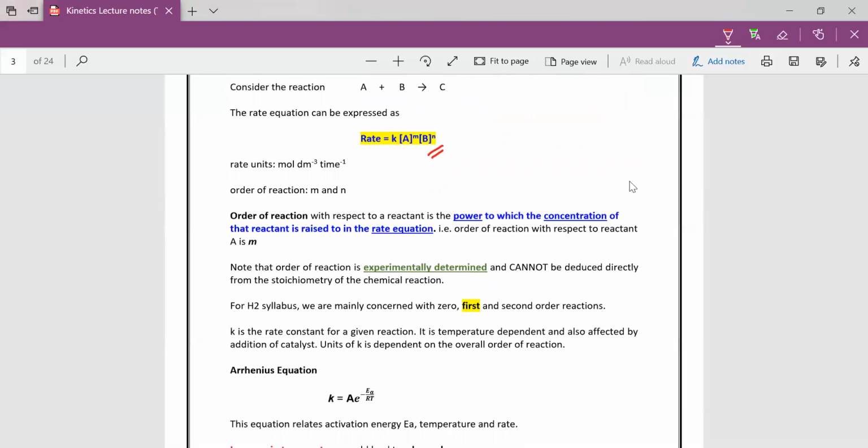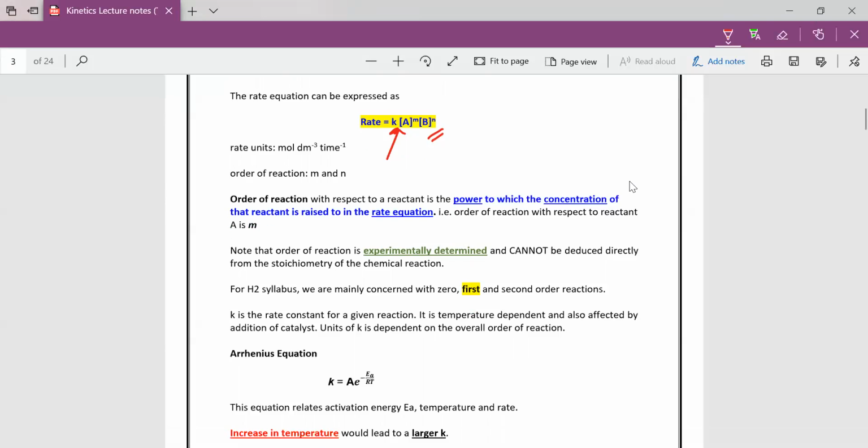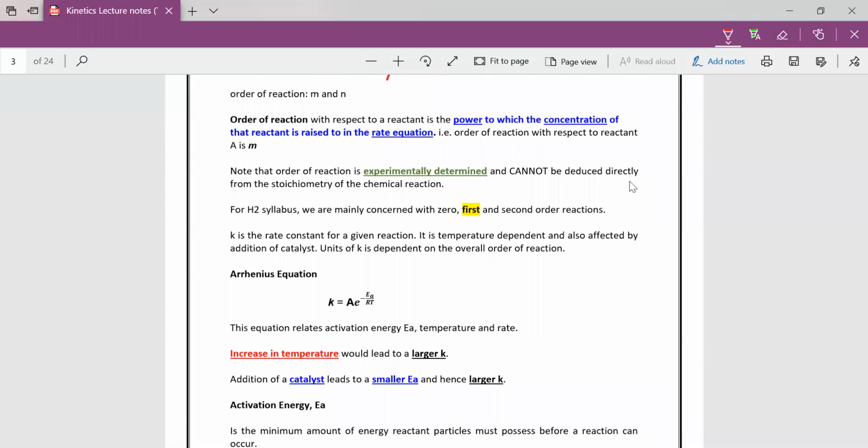Okay, k in the rate equation is your rate constant, which is temperature dependent and also affected by the addition of catalysts. We find that the units of k are dependent only on the overall reaction. The Arrhenius equation is basically for your information, not really to be tested.